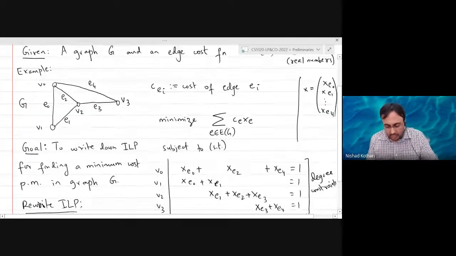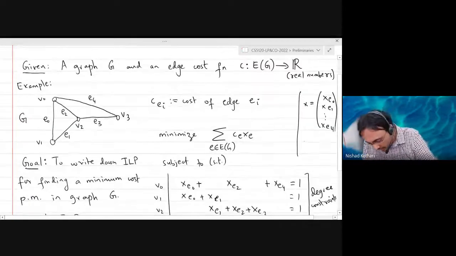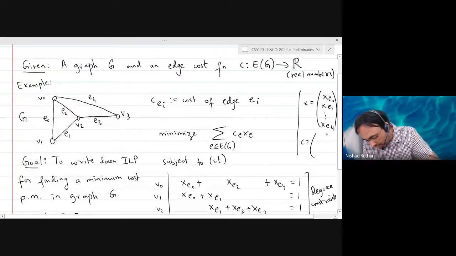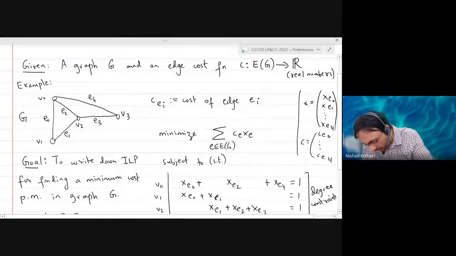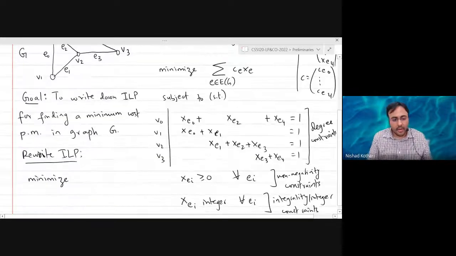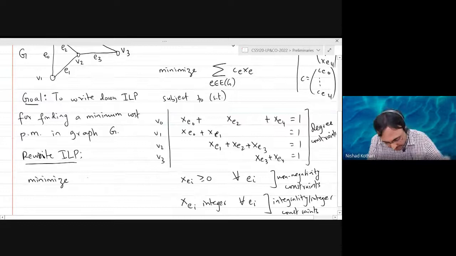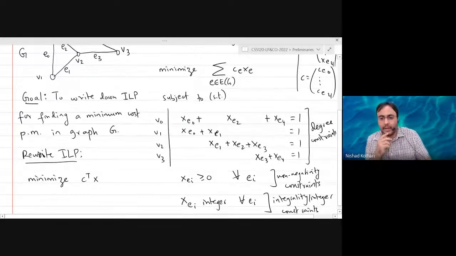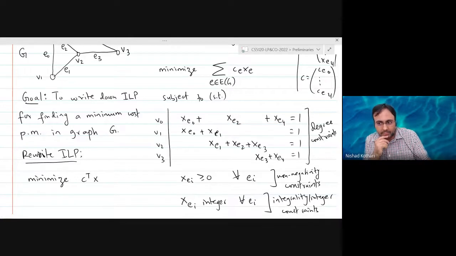We also have a cost vector similarly, the cost for edge e1 up to cost of edge e4. And what we are trying to minimize is c transpose x. Does everybody agree? Everybody familiar with vector multiplication?